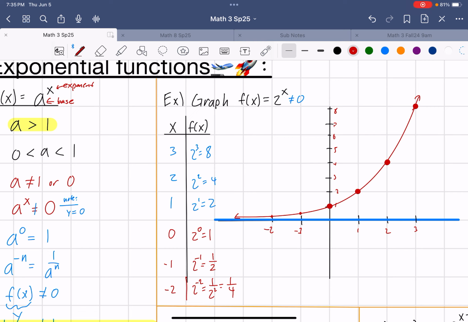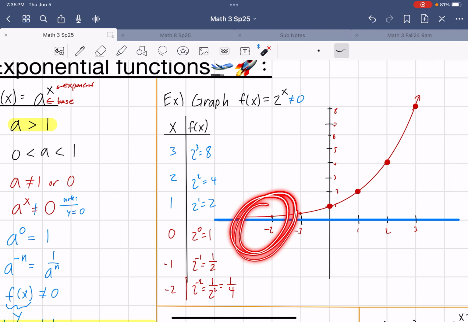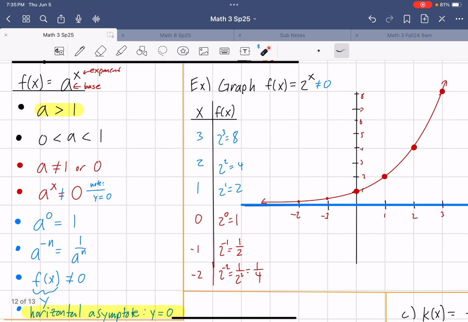And just like rational functions, we want to memorize this type of behavior, because this behavior is very specific, right? It's really close to the horizontal asymptote on one end, and it grows really fast on the other. But something that we can highlight is that anything to the power of 0 is going to be equal to 1. So we can use this.